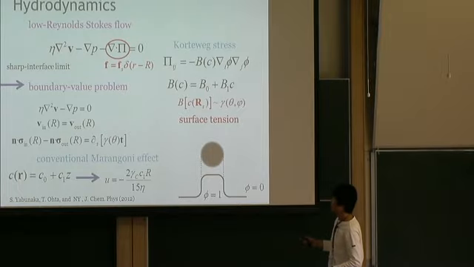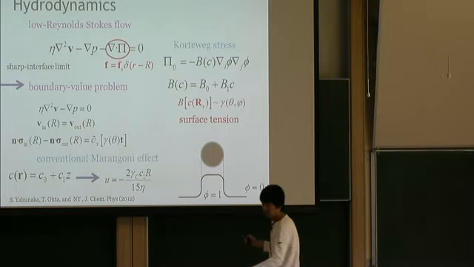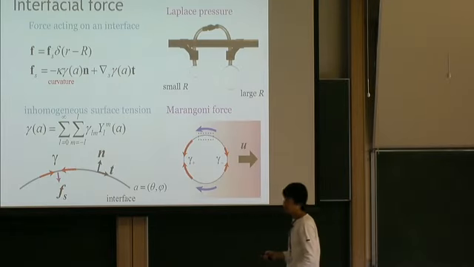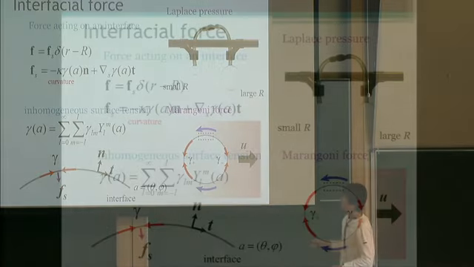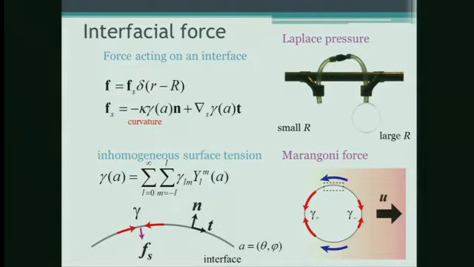So here is the force acting at the boundary, and the force has two components. The one is Laplace pressure, which is proportional to curvature and the surface tension. The other one is tangential force, which is proportional to the surface gradient of surface tension.